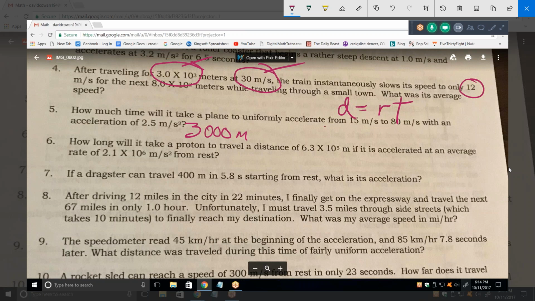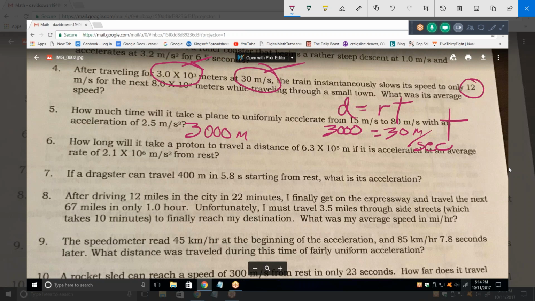So plug it in. 3,000 is equal to 30 meters per second times time. So what's time going to be? How long did it take us to travel that 3,000 meters?